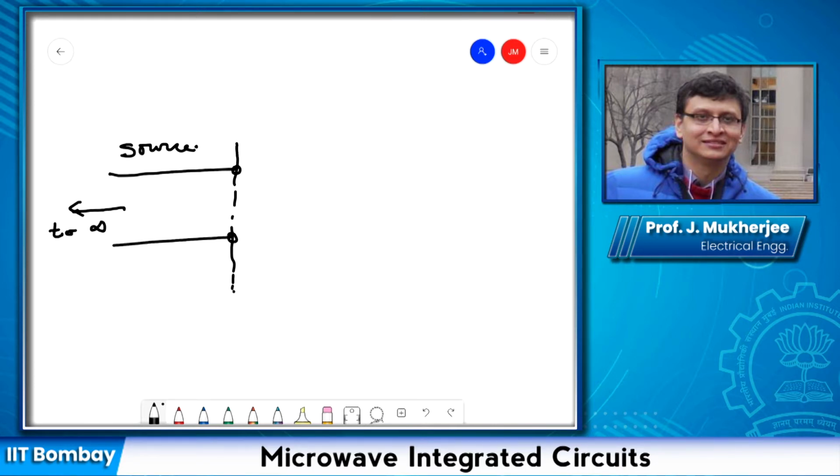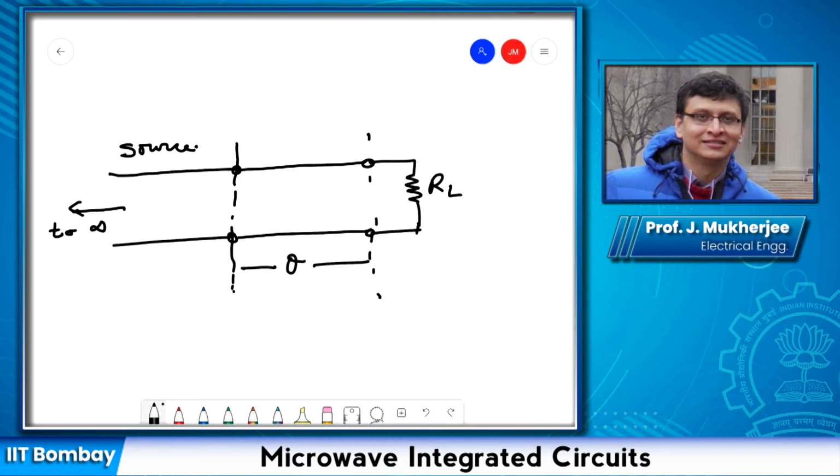Next, we have our quarter wavelength transformer, and finally we have our load. Now, for a moment, let us suppose this may be any electrical length theta, not just limited to quarter wave.